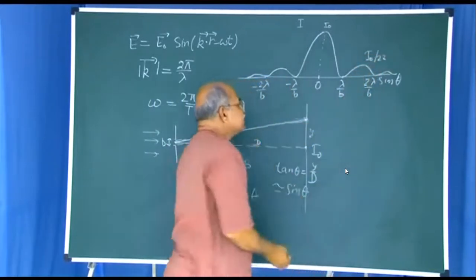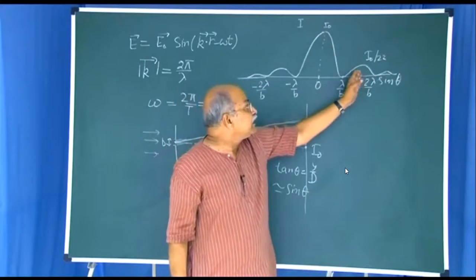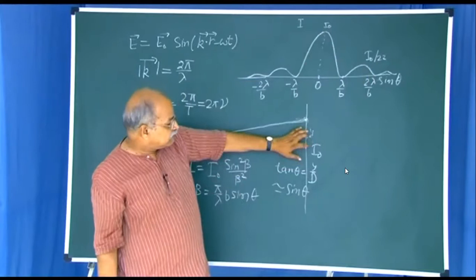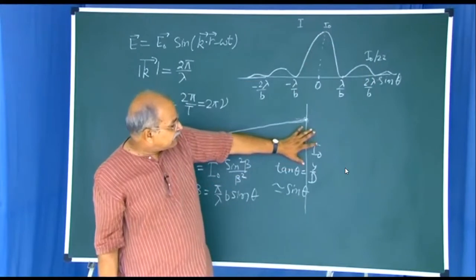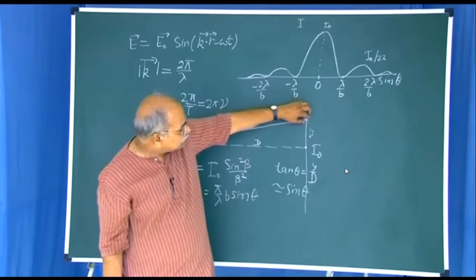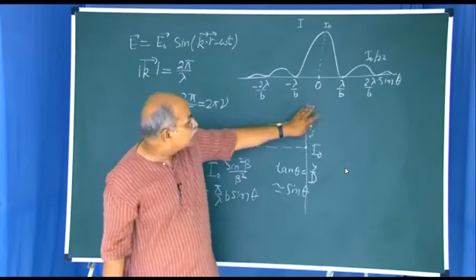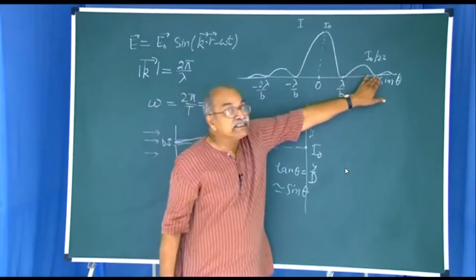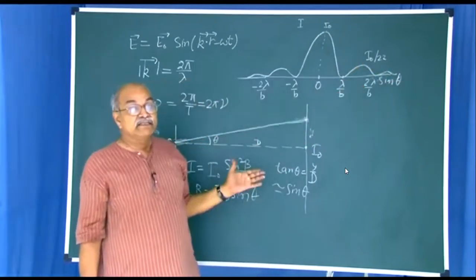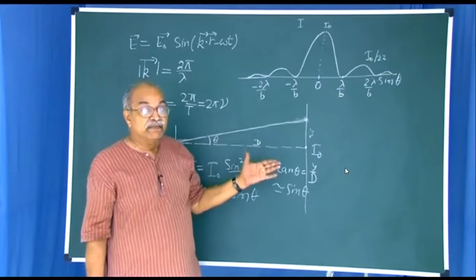So this intensity is small compared to the intensity here, nevertheless in its own neighborhood this is a maximum. So you have a bright band, then dark, and then again a bright band, not very bright, but still in its own neighborhood it is a band, and then again intensity becomes 0 and increases again. So you have an alternating dark, bright, dark, bright pattern.